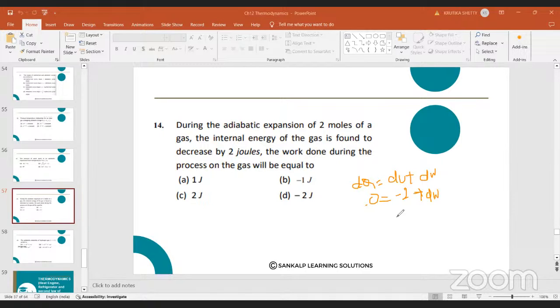Therefore the dw value will be 2 joules. But what are they asking? The work done during the process on the gas. As they are asking on the gas, it will be option D. Yes, option D is the correct answer. Okay.